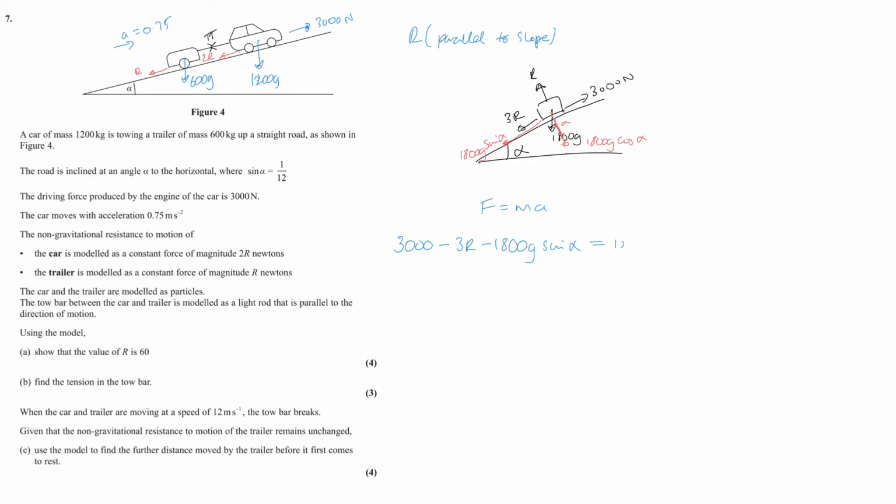The mass is 1800 and acceleration is 0.75. So we got 3000 minus 3r minus now 1800 times 9.8, so we got 1800 G times 1/12, haven't we?